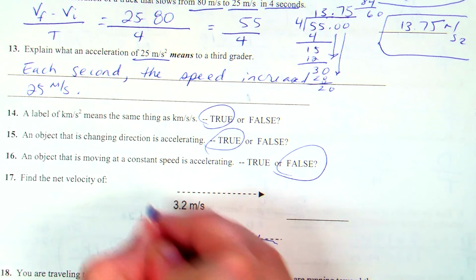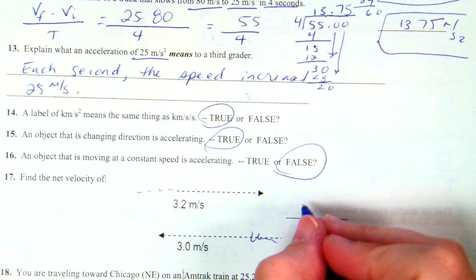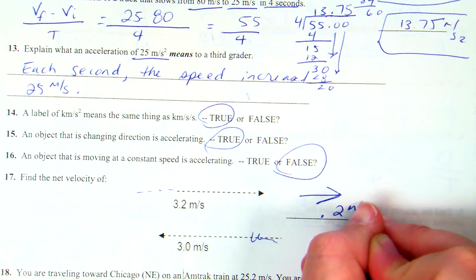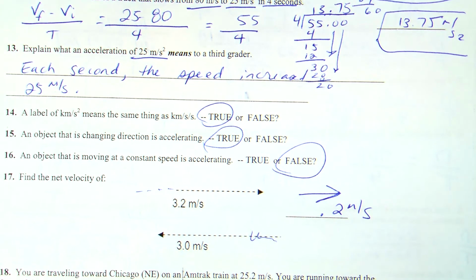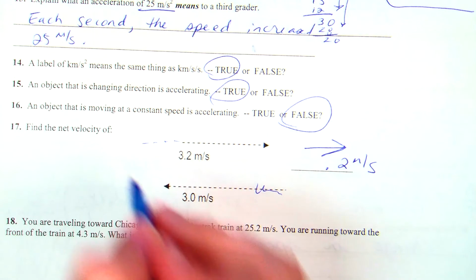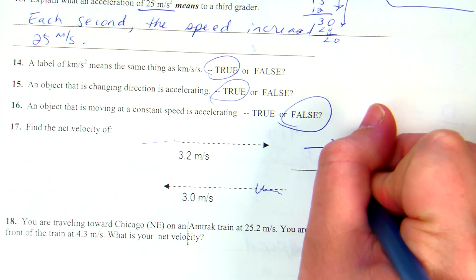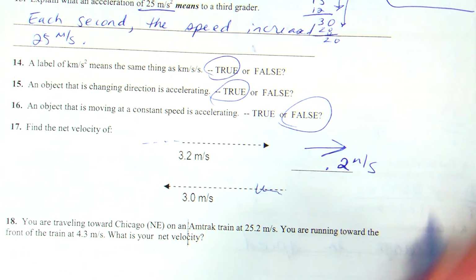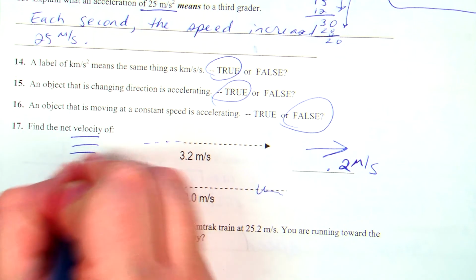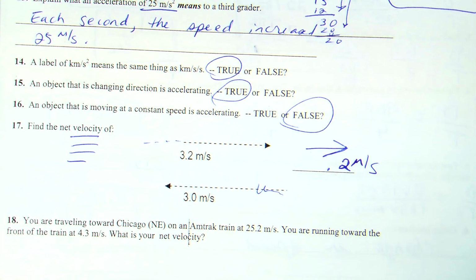This one should have been bigger, making you realize that it was going this way at 0.2 meters per second. If you did not put the arrow, that's okay, because I wasn't completely clear, but you should have known because it said velocity that you were supposed to include the direction.